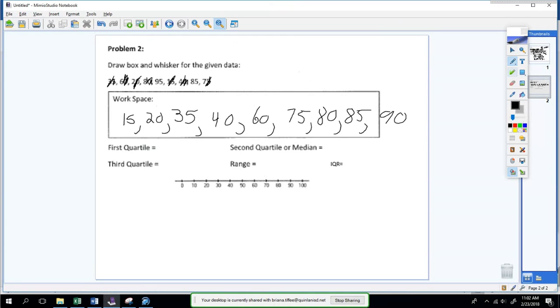Oh, no, not 90. That's supposed to be 95. I was going up by 5s. And that's 95.